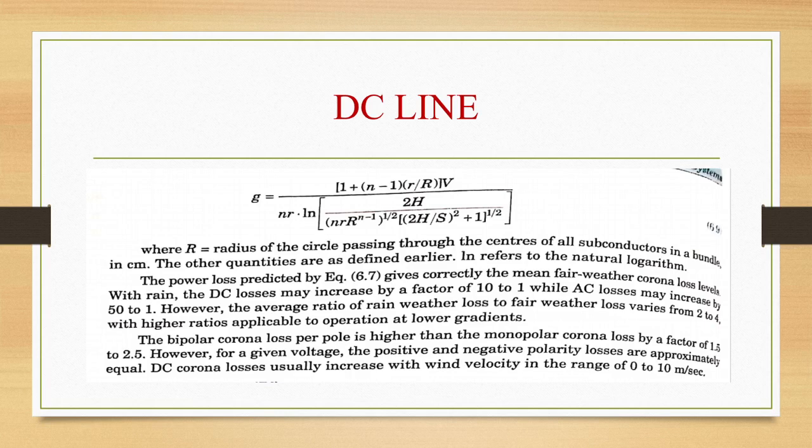However, average ratio of rain weather loss to fair weather loss varies from 2 to 4, with higher ratios applicable to operation at lower gradients. The bipolar corona loss per pole is higher than the monopolar corona loss by a factor of 1.5 to 2.5. However, per given voltage, positive and negative polarity losses are approximately equal. DC corona losses usually increase with wind velocity in the range of 0 to 10 meters per second.